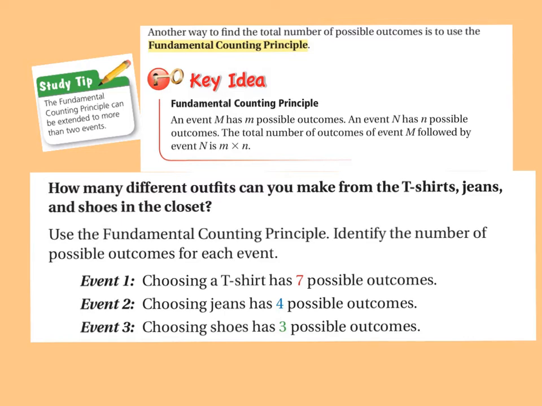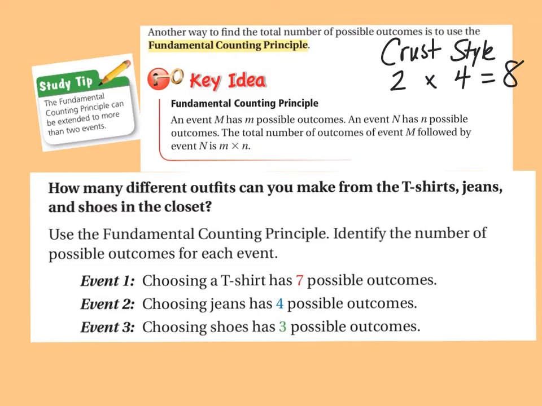The total number of outcomes for an event M followed by event N is M times N. So if we think about that with the pizza example, the crust had 2 outcomes, and then the style had 4 outcomes. If we multiply those together, we could see that there were 8 possible outcomes. We saw the 8 when we made that tree diagram.